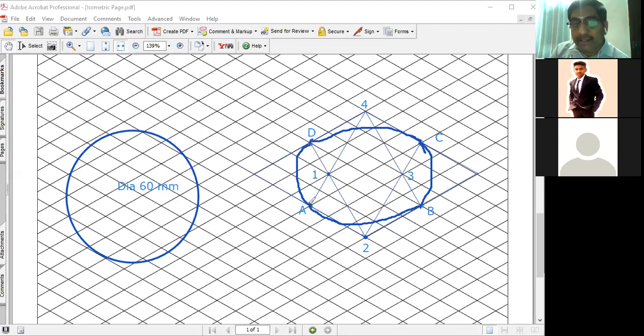Then 2 as the center, D as the radius, draw an arc up to C. That is the second quarter of the ellipse done. Then 3 as the center point, C as the radius, draw an arc up to B. This is the third quarter done. And then 4 as the center, B as the radius, complete the remaining arc.